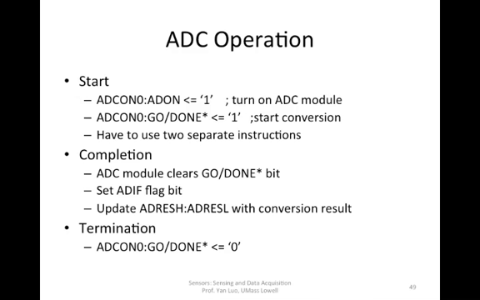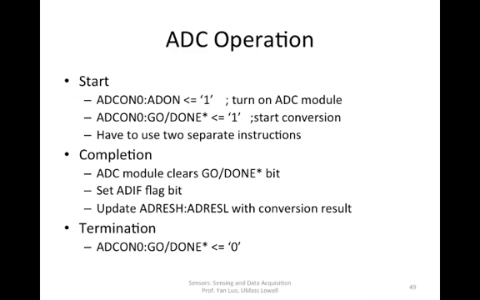It basically turns on the ADC module. To actually start the ADC conversion, we need to write 1 to the go/done bit of this control register. So we need to have these two separate instructions.